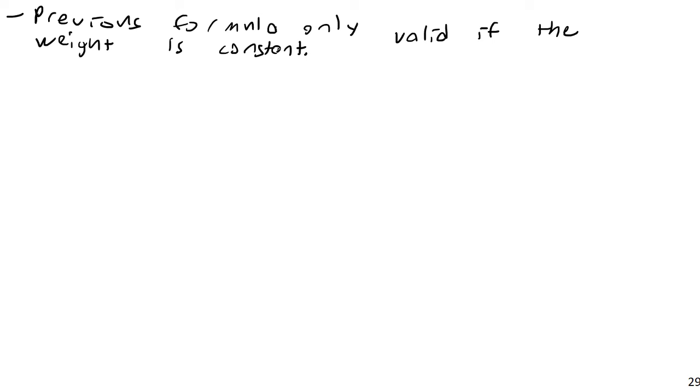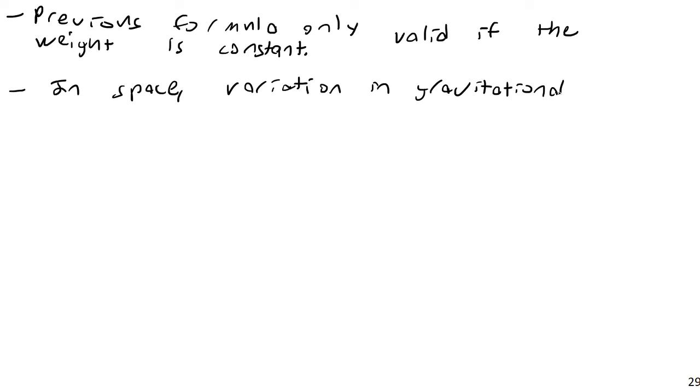So if you have something in space, or moving at a significant fraction of the Earth's radius, or any body's radius, the variation in gravitational strength is significant.